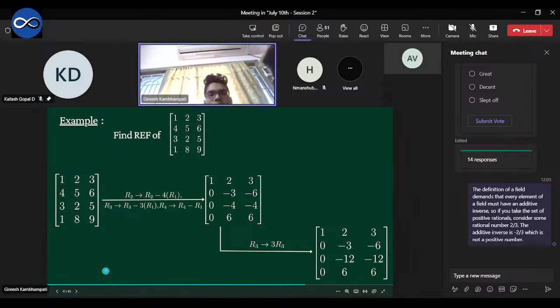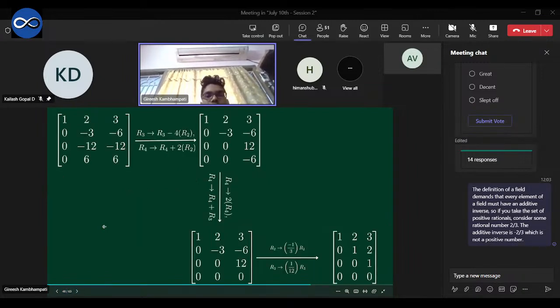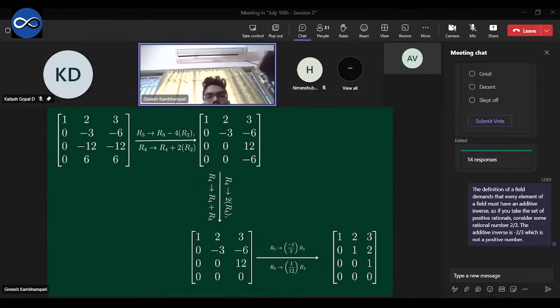As the number of zeros should increase, first we will make the first element of every row 0 except the first row, sorry. Like that we can make, as shown, that way. And now what we are doing exactly is, we will make the second elements of the last two rows 0.